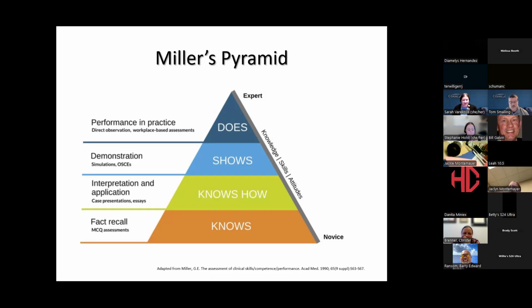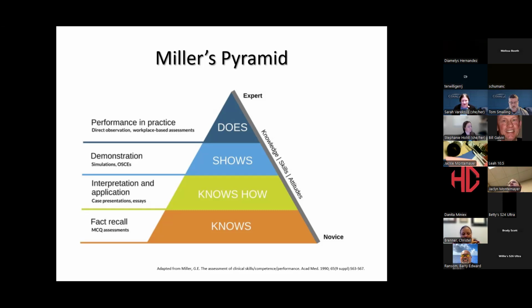But there's another pretty popular way of assessing mastery level that's used in a lot of health professions education. It's called Miller's Pyramid. I don't know if anybody's familiar with that or not. It breaks it down into four categories. It starts with knows, and this is about fact recall, then knows how.